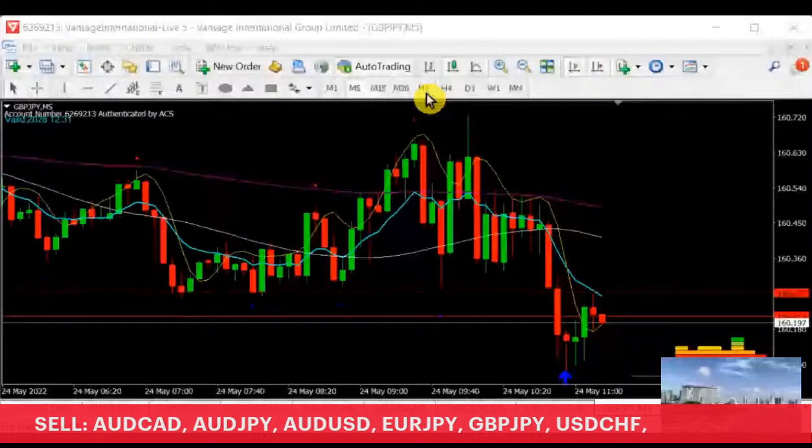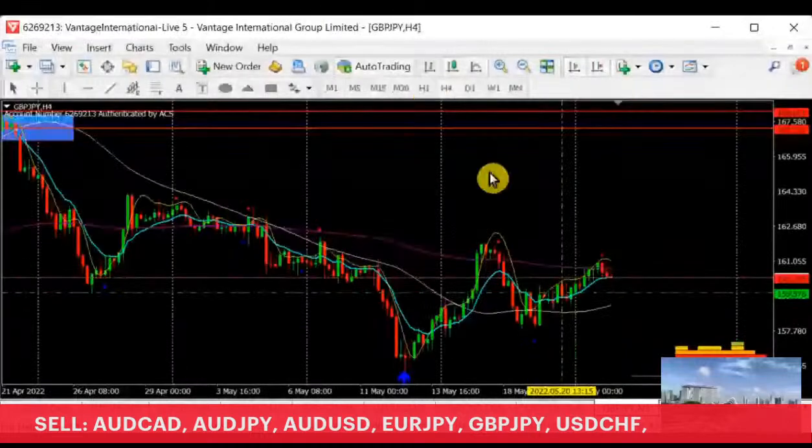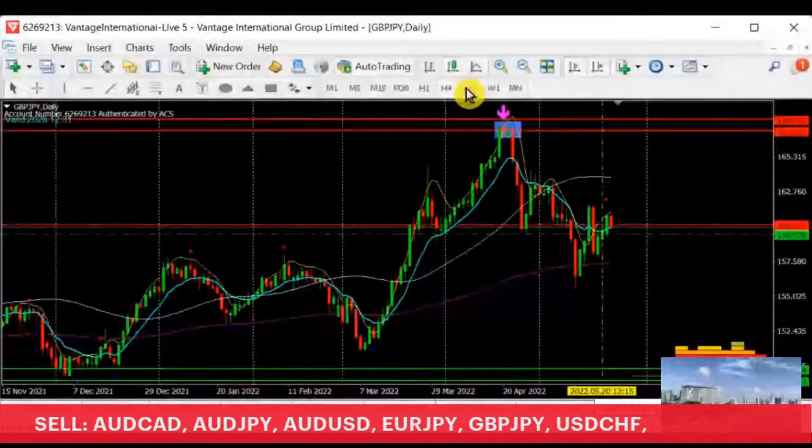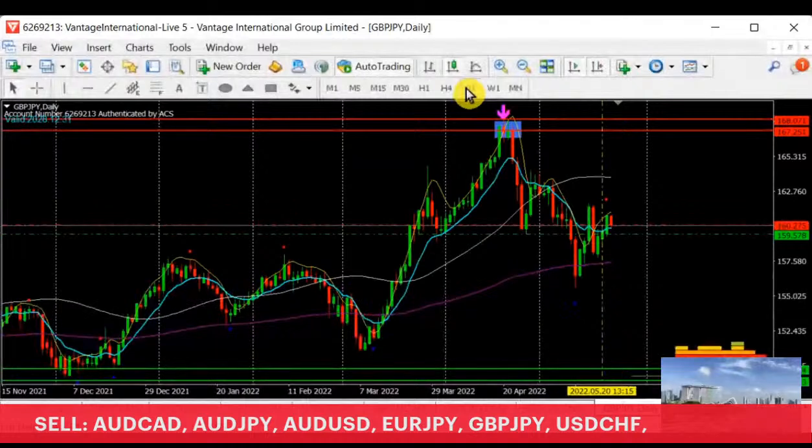The chart here is actually moving towards the resistance area. As you are looking, you have to take into consideration the whole general trend. The whole trend is actually moving south.